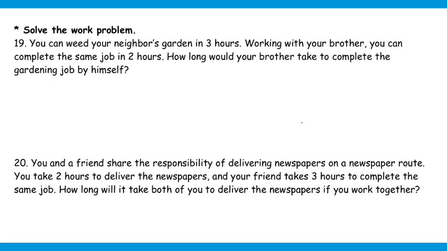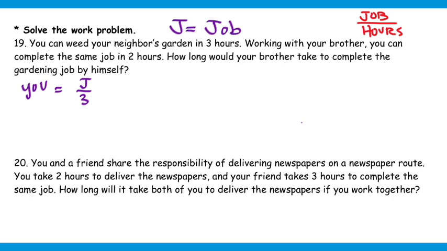Everything's going to be jobs over hours, right? You take one job in 3 hours. Your brother, J is for jobs, is one job, the same job, and we don't know how many hours.